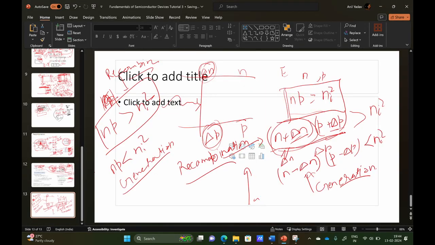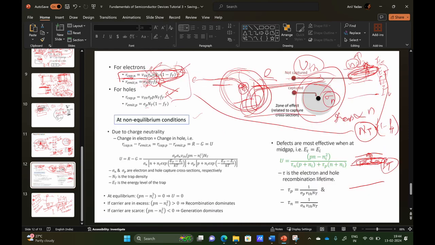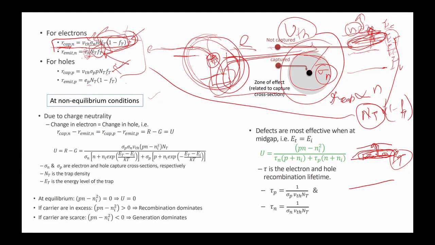Okay, so here we were, right? Due to charge neutrality, the change in electron and change in hole are capture and emission in the conduction band.